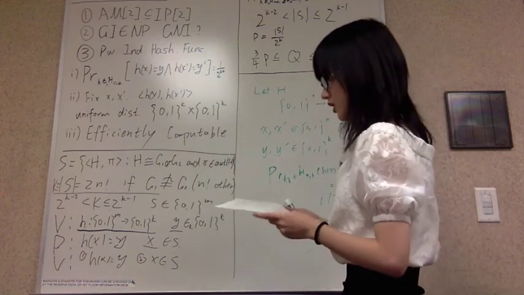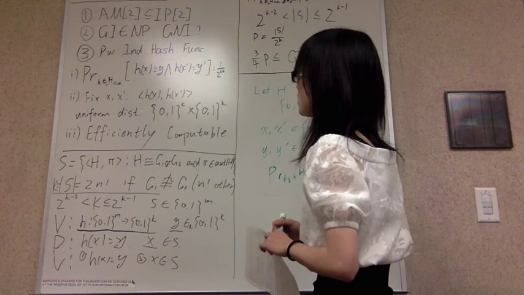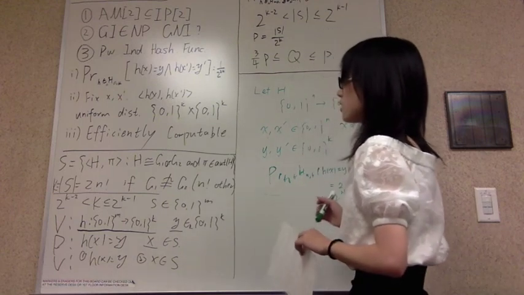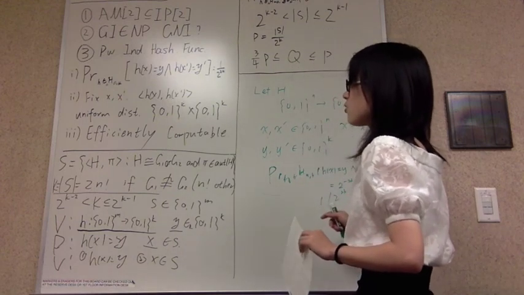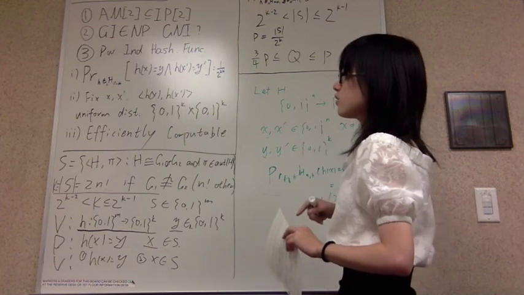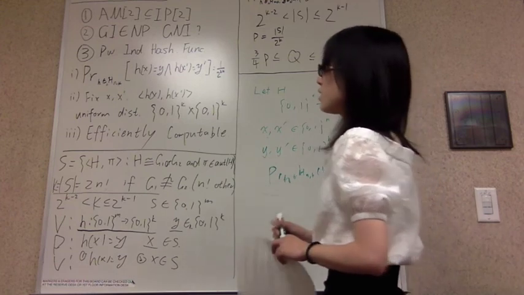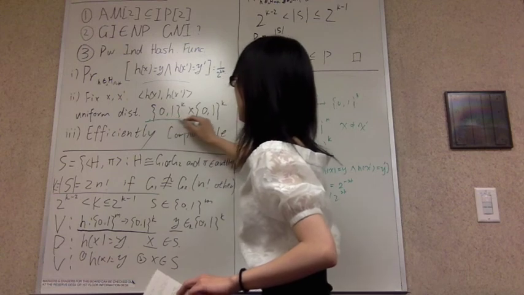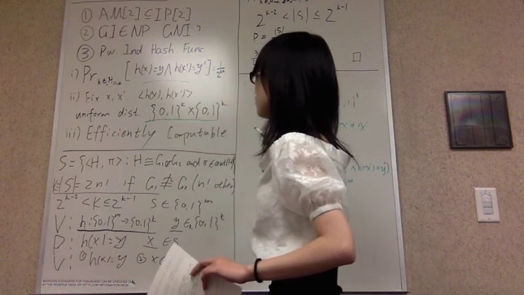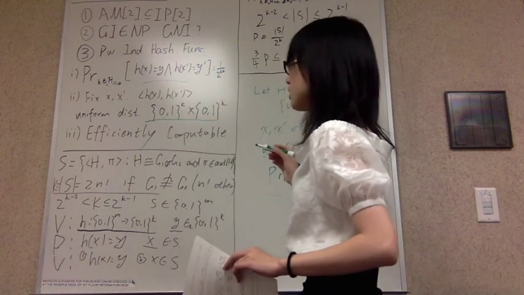This is equivalent to saying that if we randomly choose an h from the big set H, then for the two inputs x and x', the pair h(x) and h(x') is uniformly distributed.